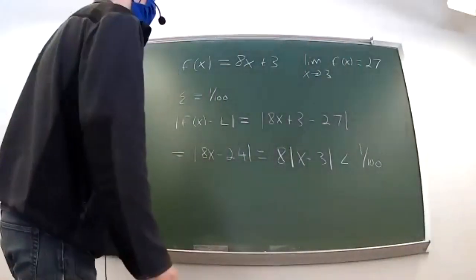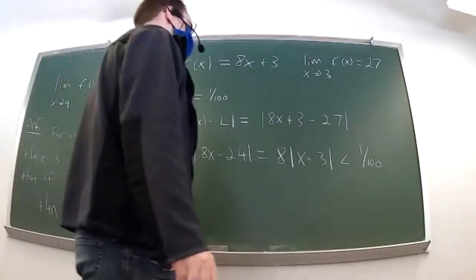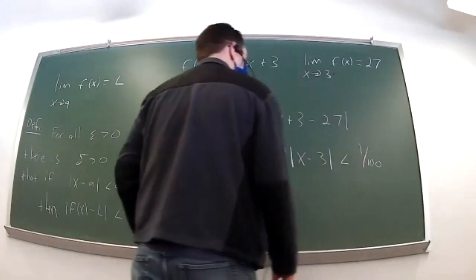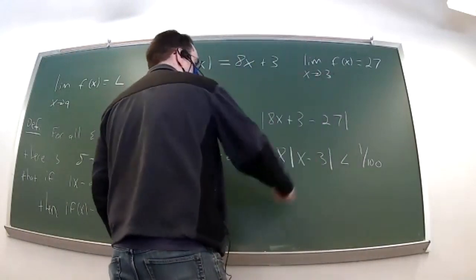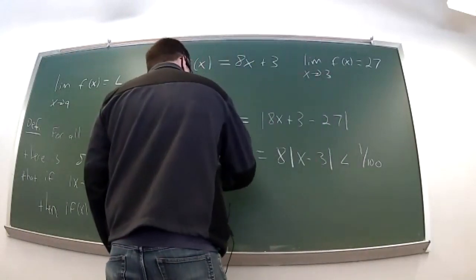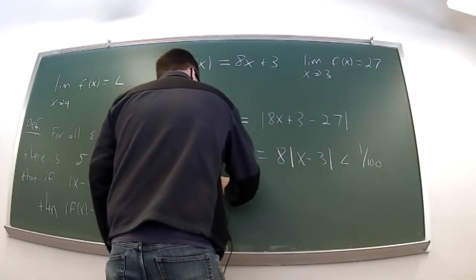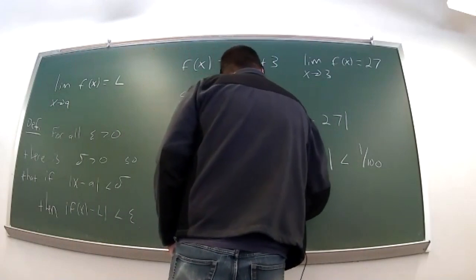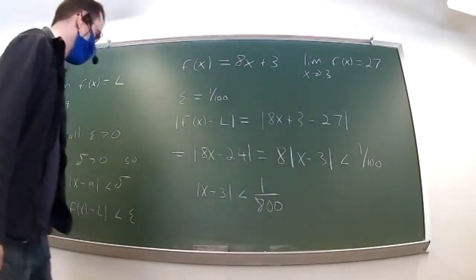And that gives me an idea: what if I just looked at this inequality and solved it for the absolute value of x minus 3? In other words, just divide both sides by 8. So I get the absolute value of x minus 3 is less than 1 over 800.